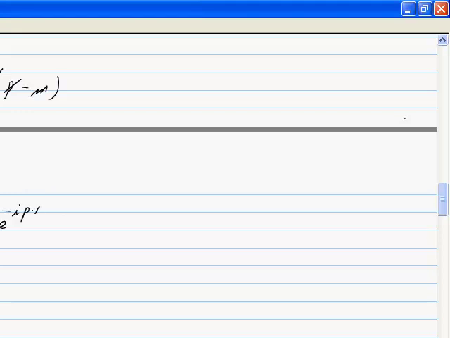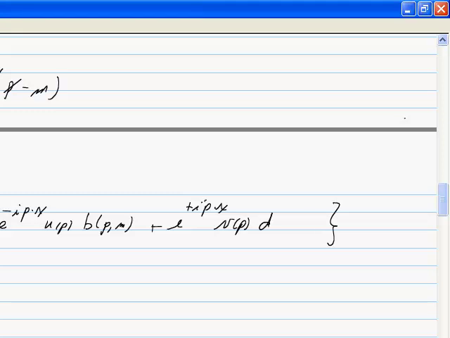Either minus i p dot x, u of p, with a coefficient which we'll call b of p and m, and then either the plus i p dot x, v of p, so there's the other solution, and a coefficient there which we give a name to.